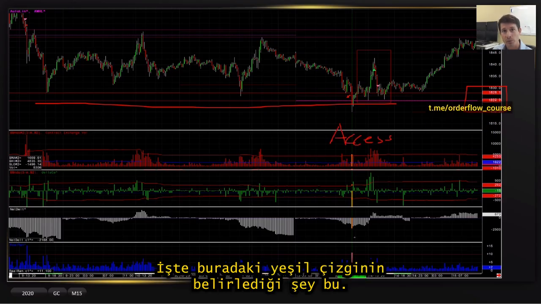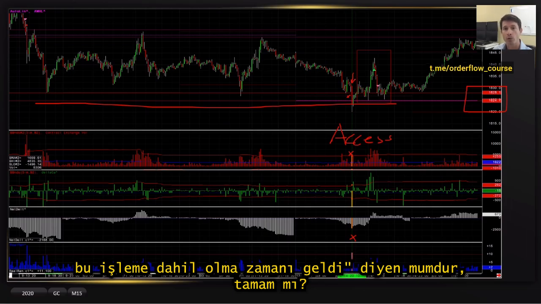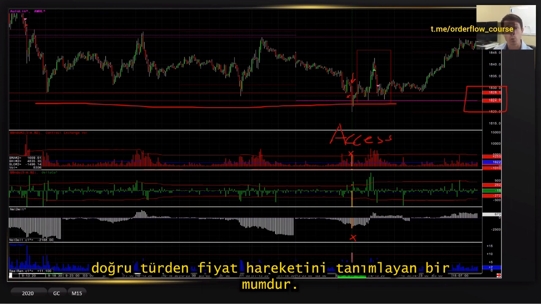Okay, and that's what this green line here is identifying. It's the candle that's telling us, hey Brannigan, it's time to get involved with this trade. Okay, it's just a candle that identifies the right kind of price action that we need to see to partake in our strategy.